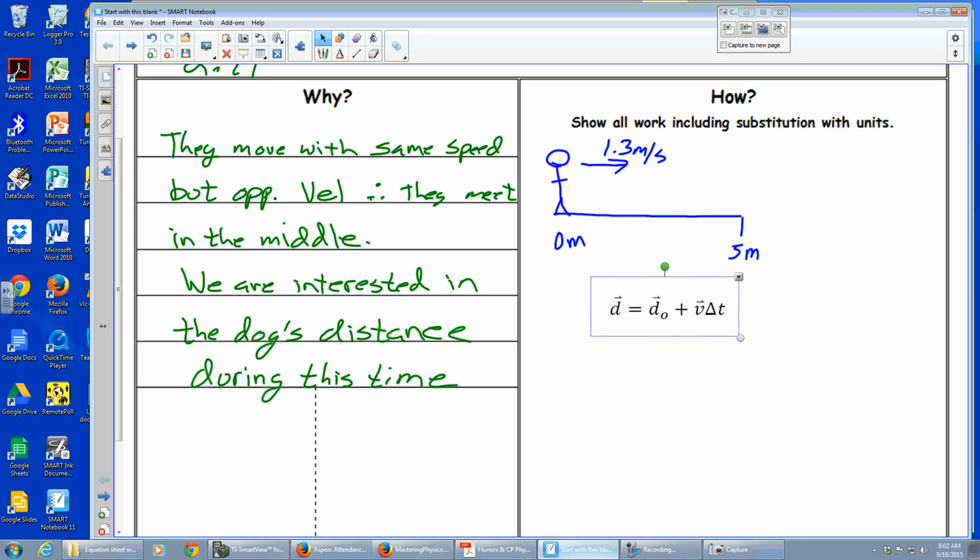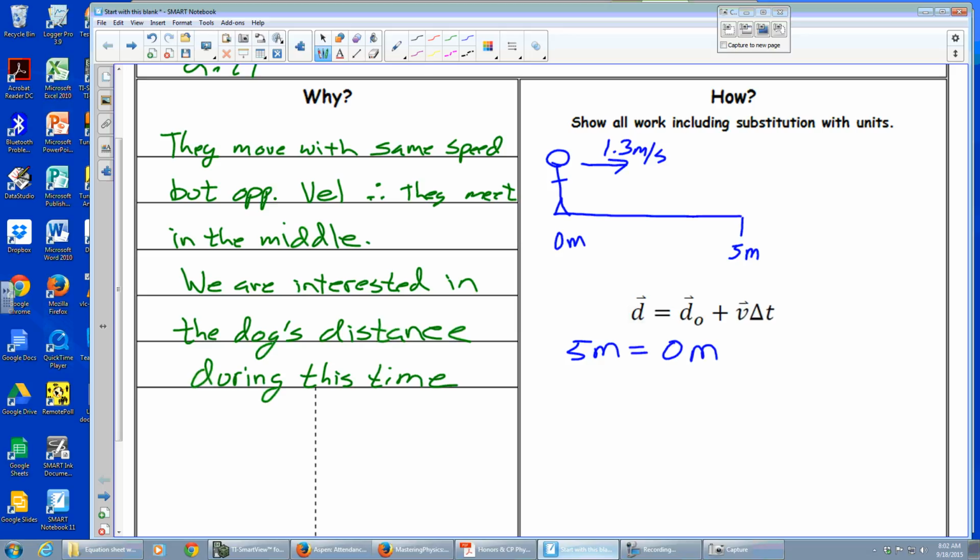So this person ends up at 5 meters, started at 0 meters. Now I'm not worried about the directionality, so I'm just doing it with where he is, not worrying about positive, negative, because everything's in one direction. Plus 1.3 meters per second, his speed, and delta t, the amount of time he moves for, which is the same amount of time as the other person moves for, and the same amount of time the dog has to move.